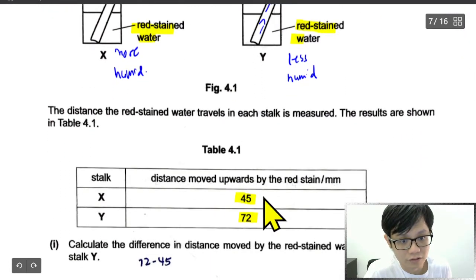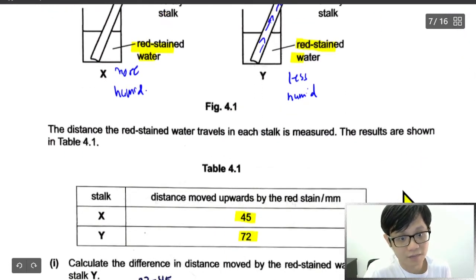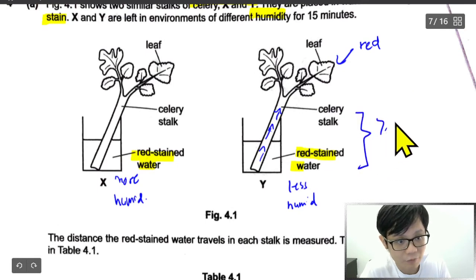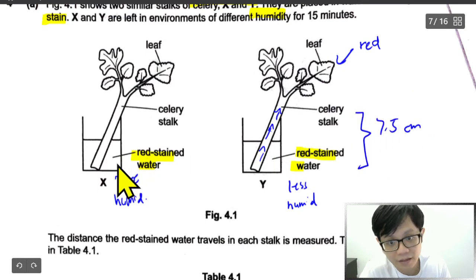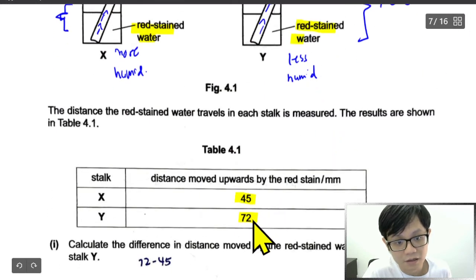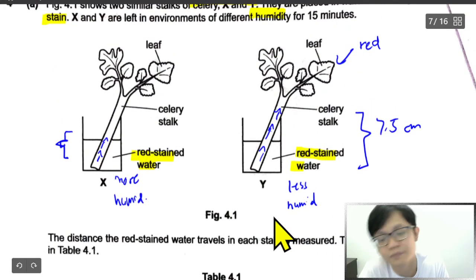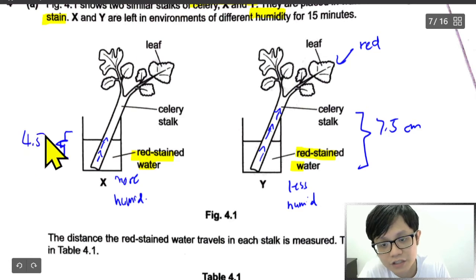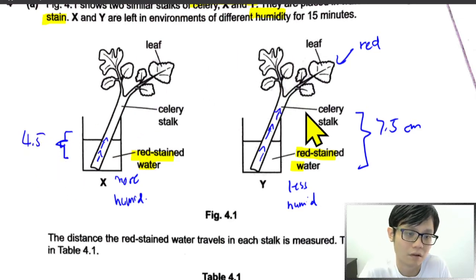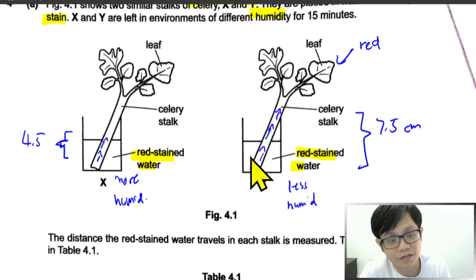So for this one it is 75 millimeters, so probably here is 7.5 cm. And this one goes up only until here, maybe. So let's say this one is 4.5 cm. What assumptions can we make?